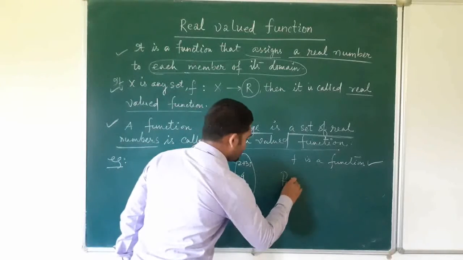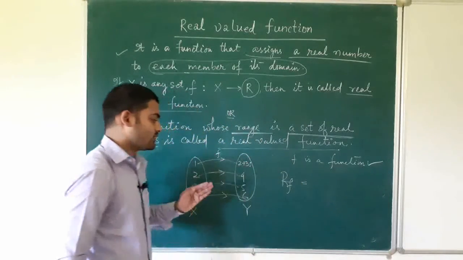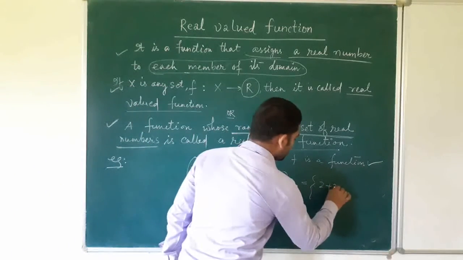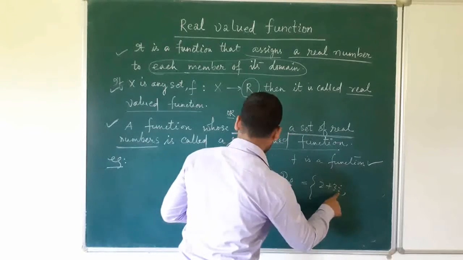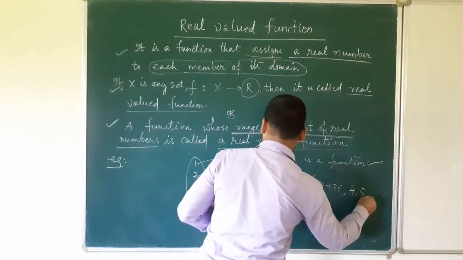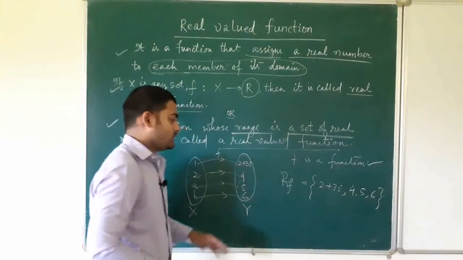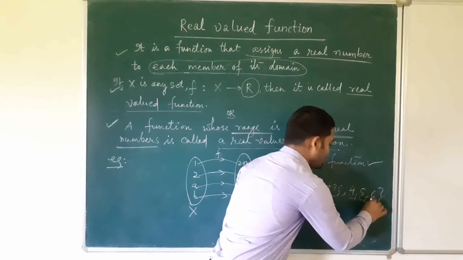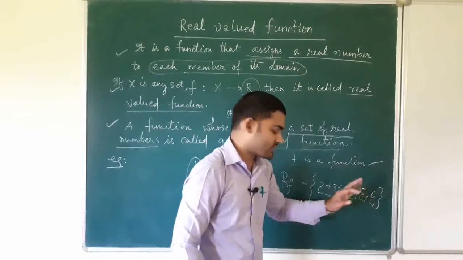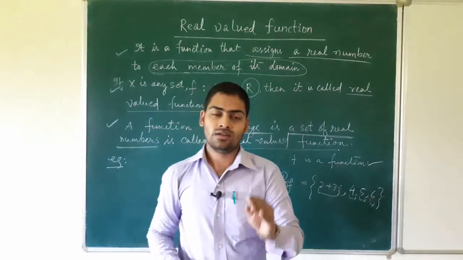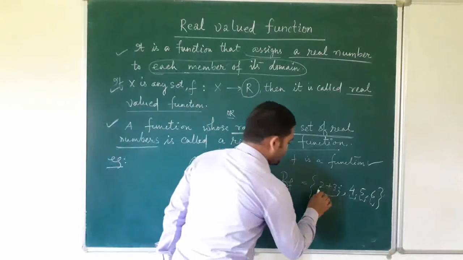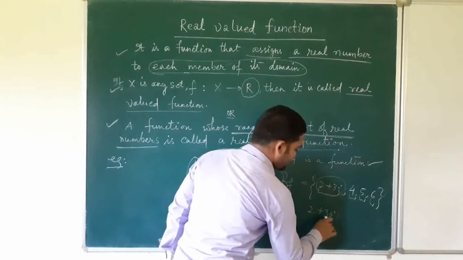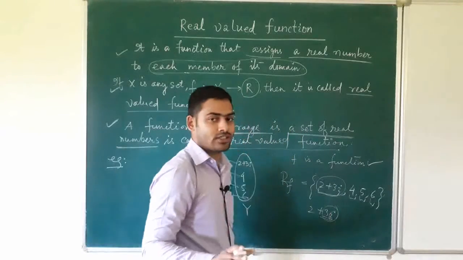The range of function f contains 2 plus 3i, 4, 5, 6. The numbers 4, 5, 6 are real numbers, but the number 2 plus 3i has an imaginary part.